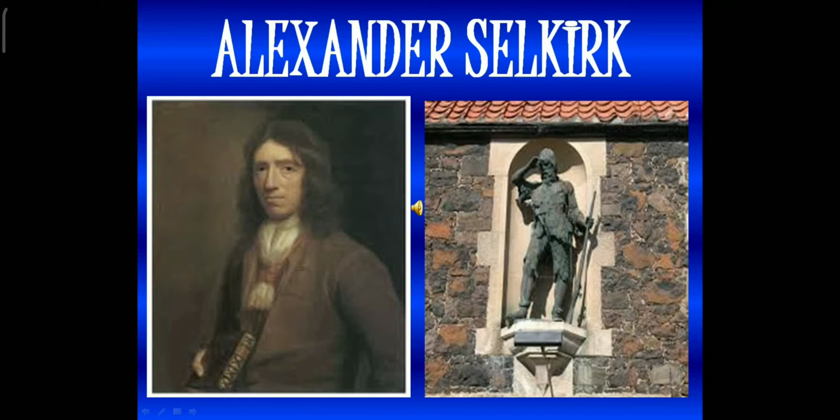So on one side you can see the painting, and on the other side is a statue. You are all very familiar with statues. You have seen statues of great personalities like Netaji Subhash Chandra Bose, Swami Vivekananda, and many others. Yes. So like those, this is also a statue of Alexander Selkirk.